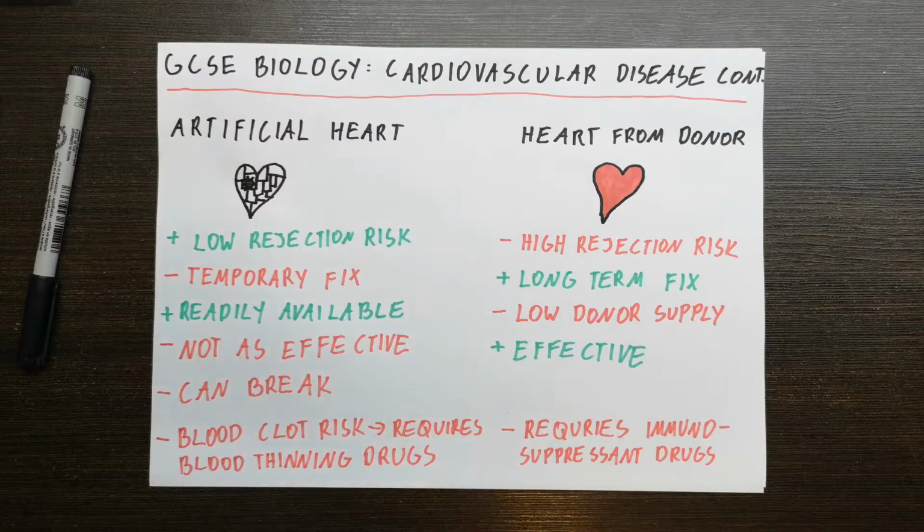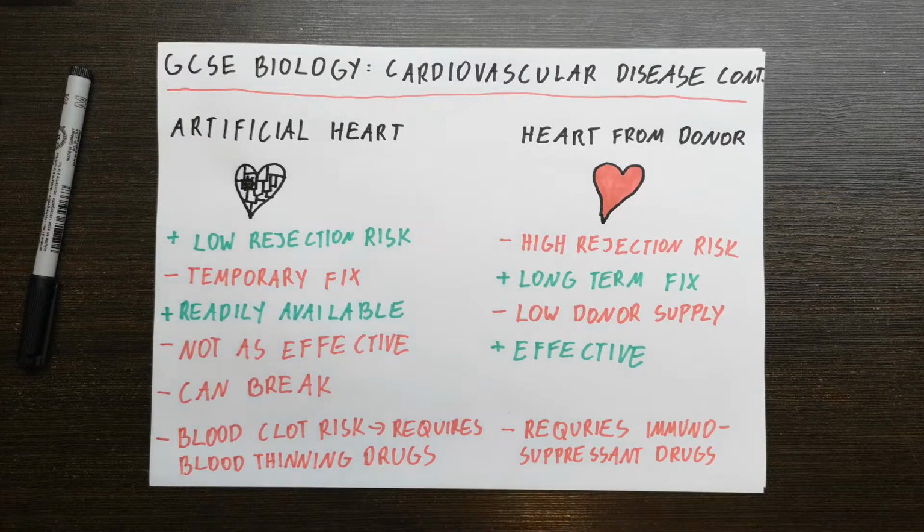So that kind of gives away that artificial hearts may actually be a better solution for younger people who can handle those drugs, as opposed to elderly people who may not be able to deal with those drugs so well. Although that, of course, comes down to an individual.